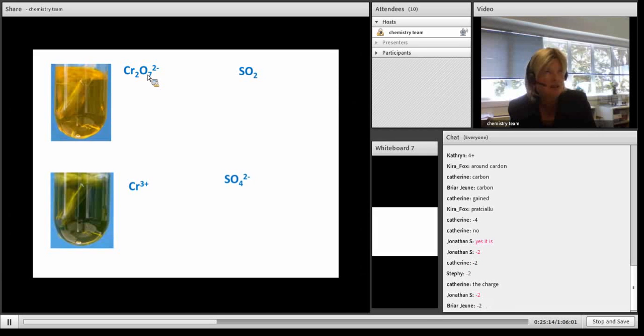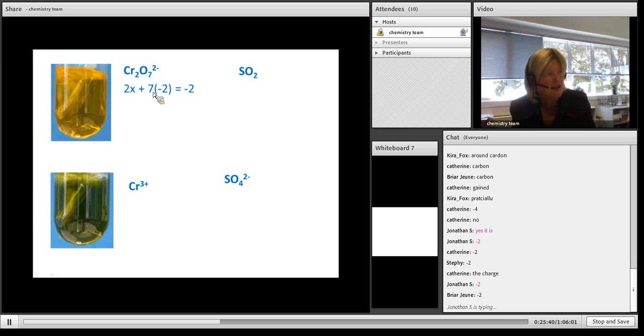Rule number, I think it was 2, said oxygen in any compound, unless it was a peroxide or with a fluorine, is equal to what? Does anybody remember? -2. Okay, so we can set up a little sum. Great, Jonathan and Brian. There's my little sum we can set up to work out what the oxidation number of chromium is. So it has to equal -2.